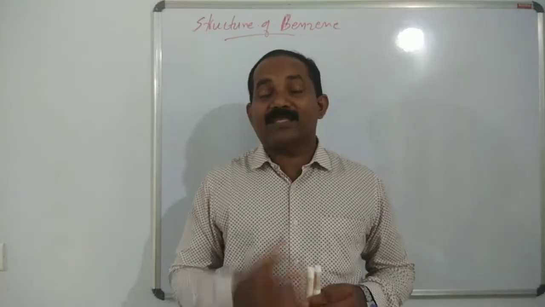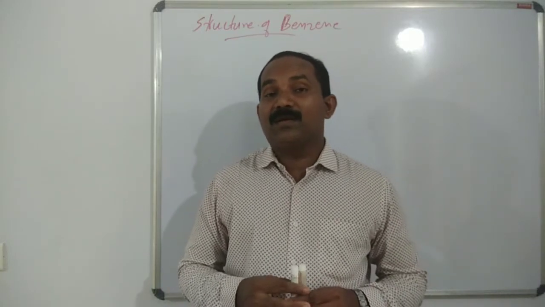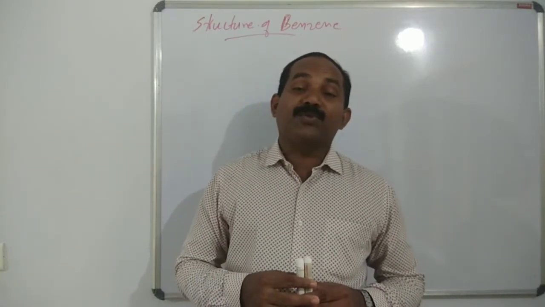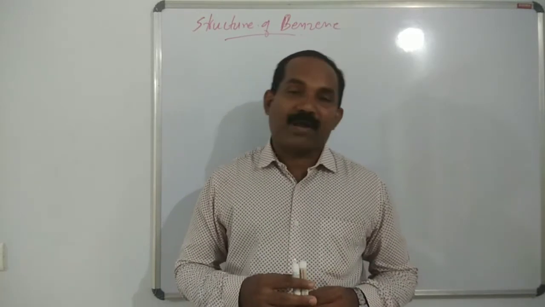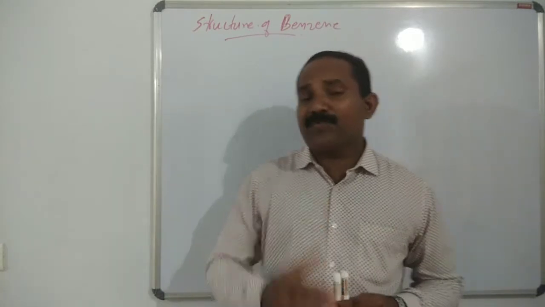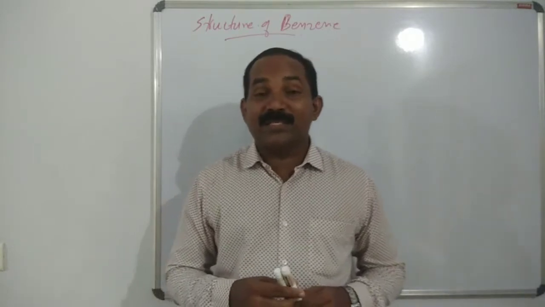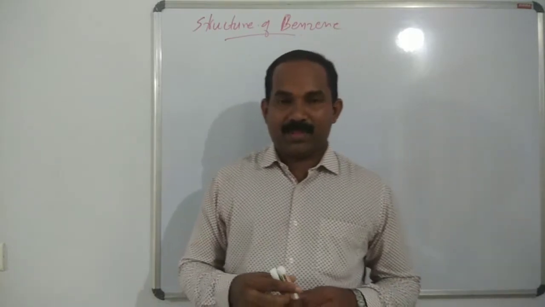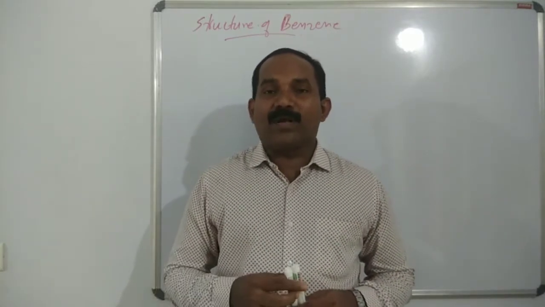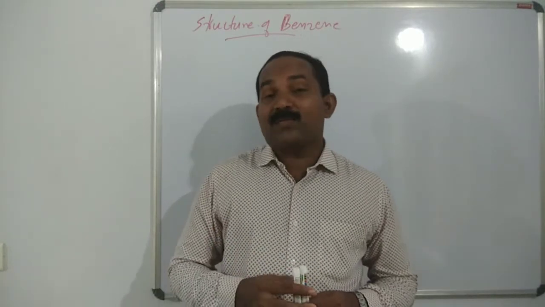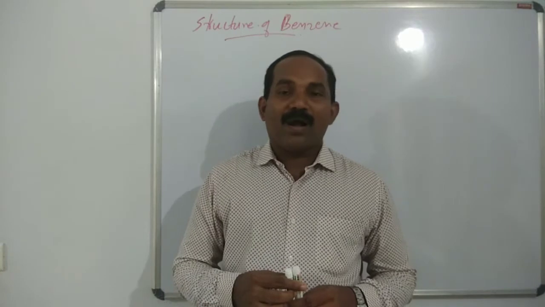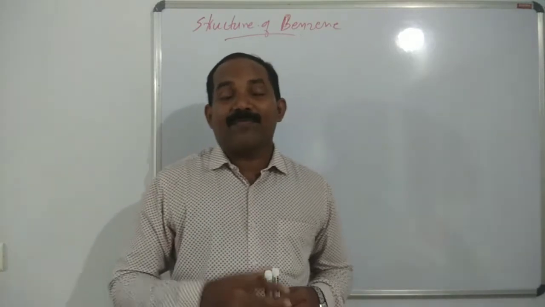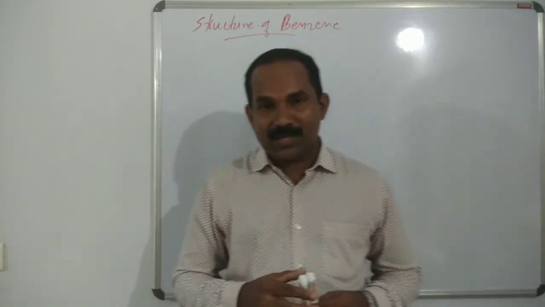Next we discuss the structure of benzene. Michael Faraday isolated benzene in 1825. From its formula, they understood that benzene is highly unsaturated, and there was also evidence from some reactions.